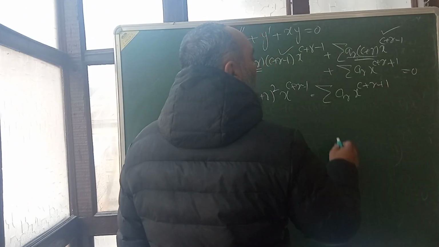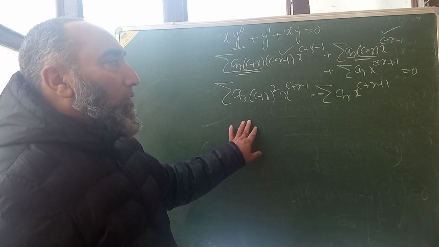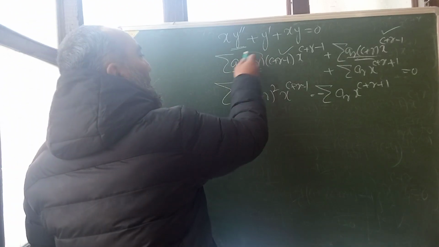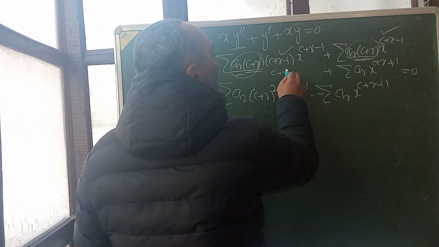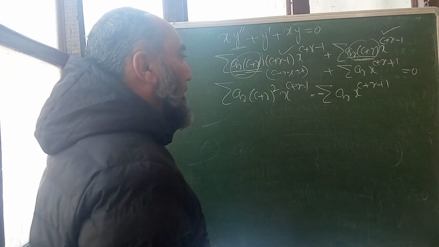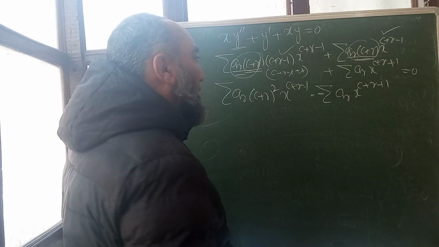Okay. I have omitted certain steps. We have taken AR (C plus R) common. What remains is C plus R minus 1 and plus 1. So C plus R, C plus R. This is square. And from this you can see this is the second method. See?